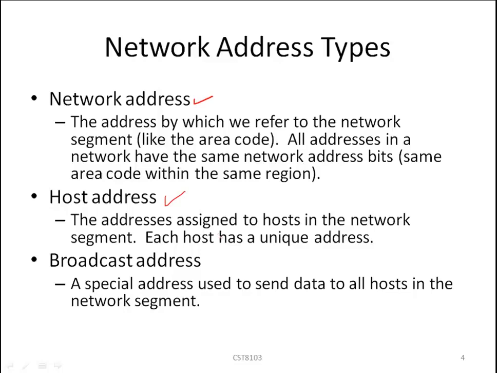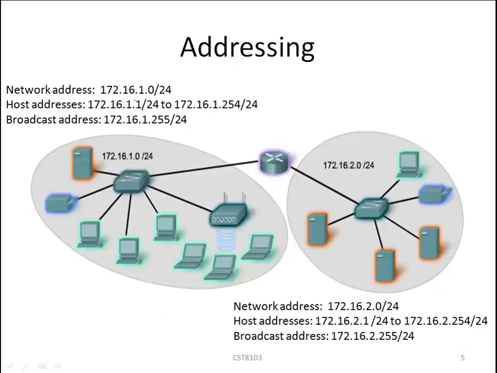These devices then can communicate over the network. And then finally we have the broadcast address, which is a special address used to send data to all hosts in the network segment. Let us look at these addresses through a simple example.